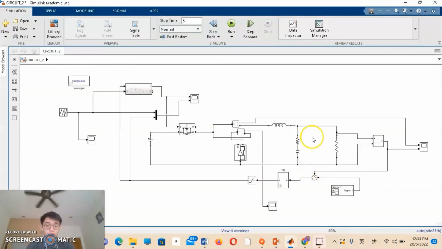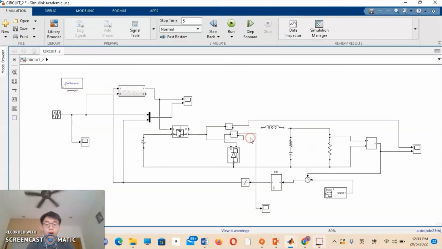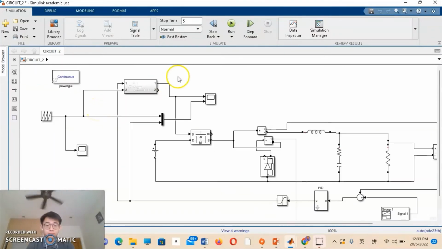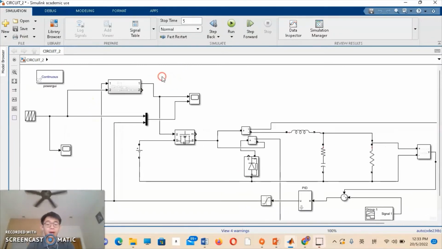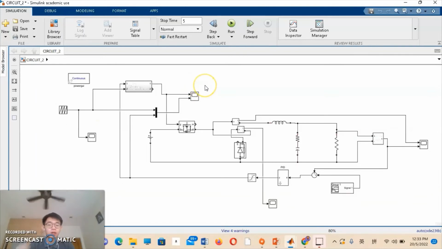So first, here will be the circuit for our SMPS controller. And as explained by my group members earlier, we are going to use a 12:1 winding ratio transformer at the input of our SMPS controller.